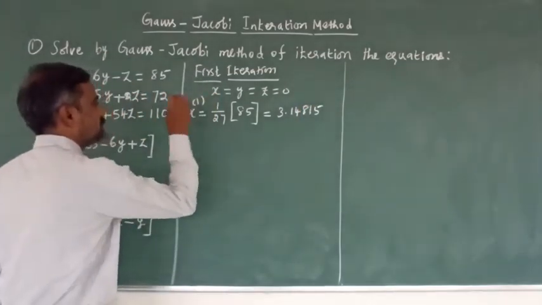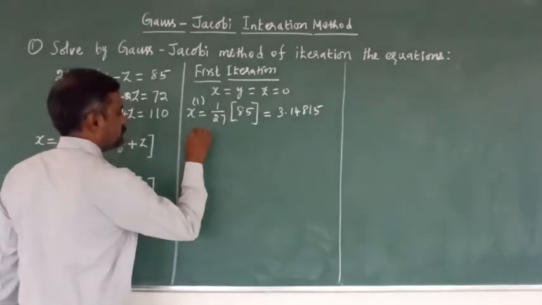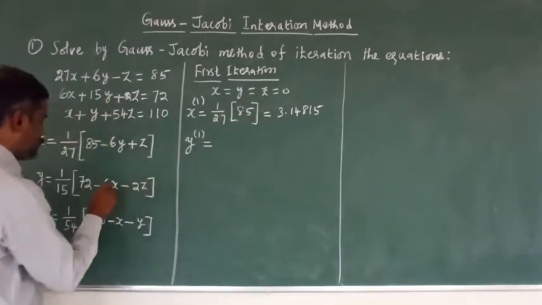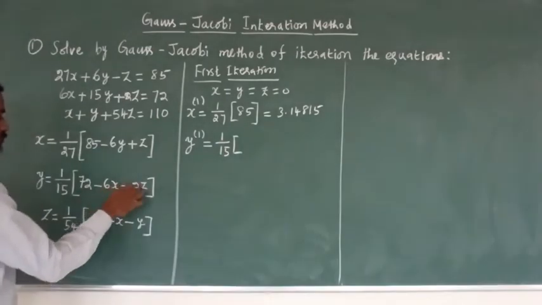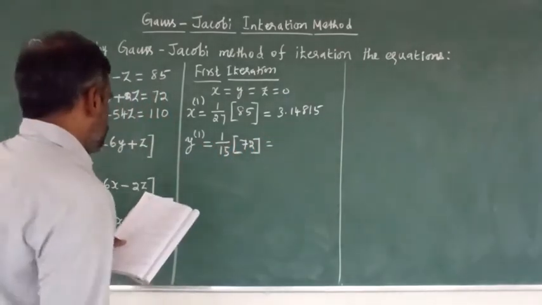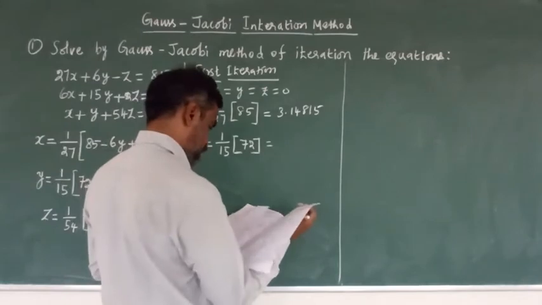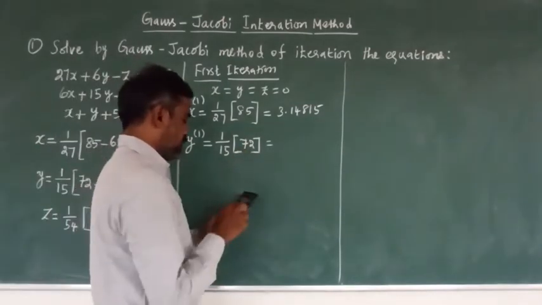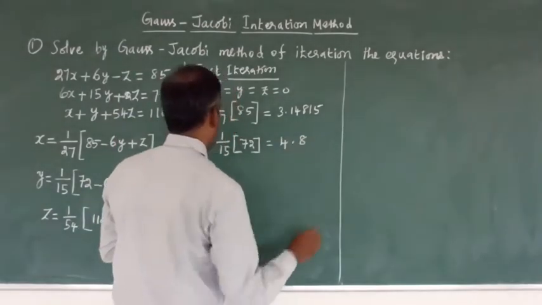This is the first iteration result for x. Next, for the first iteration of y, fix x and z as 0. 1/15 of 72, that is 72 divided by 15, gives 4.8.